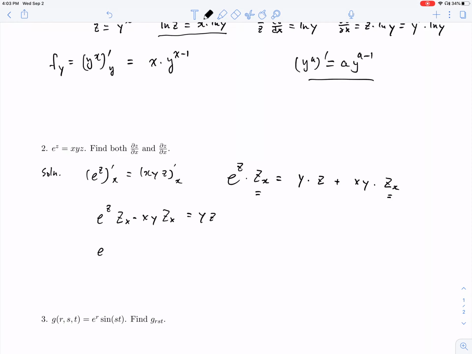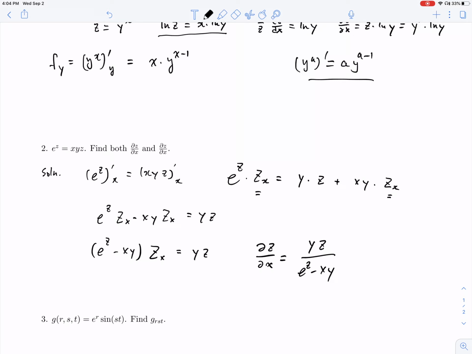Factor e to the z minus xy out, and then z_x is equal to yz. Eventually we can write this partial derivative with respect to x as yz over e to the power z minus xy.